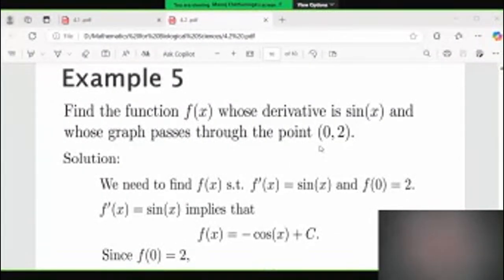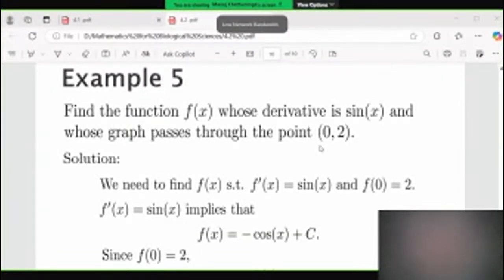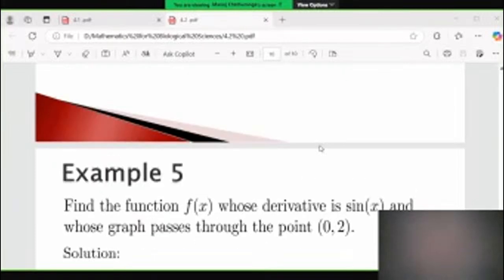We know the derivative of cosine x is sin x, but there can be many other functions with the same derivative. So we are going to find one of those.